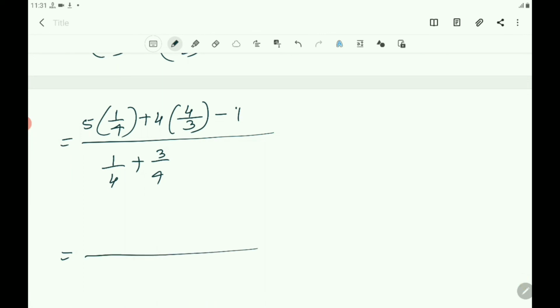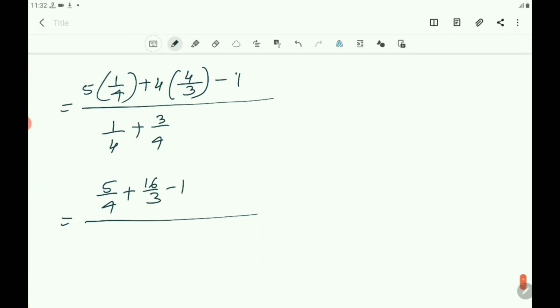That equals, you multiply 5 and 1 by 4. 5 into 1 by 4 is 5 by 4, plus 4 into 4 by 3, 4 fours are 16, 16 by 3, minus 1. Then here the denominators are same, so you write 4 and add the numerators, that is 1 plus 3.